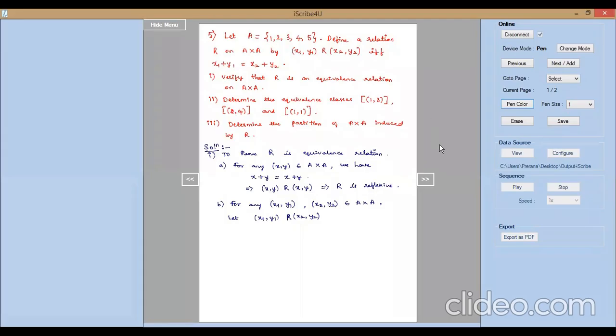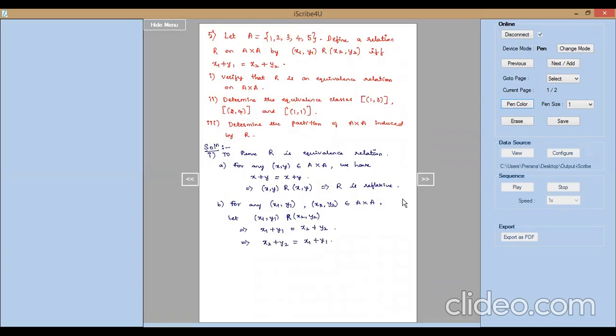So this implies x1 plus y1 is equal to x2 plus y2. Since (x1, y1) is related to (x2, y2), I can write from the definition that x1 plus y1 is equal to x2 plus y2. This expression can in turn be written as x2 plus y2 is equal to x1 plus y1.